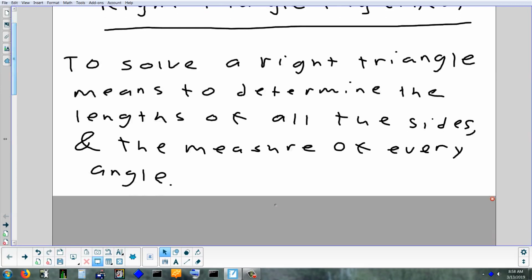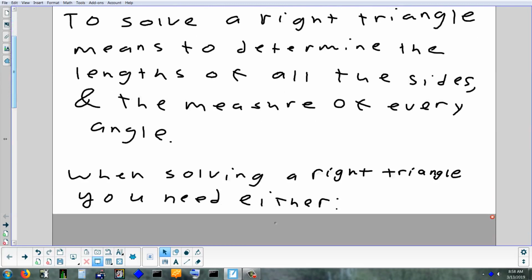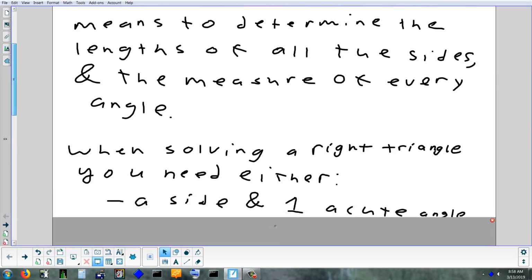But to solve a triangle, I have to give you 2 other pieces of information. All right. So to solve a triangle, you have to start with 3 pieces of information. The fact that you have a 90, and there's actually 2 cases. One case is, in addition to the 90, I could give you a side and one of the acute angles.